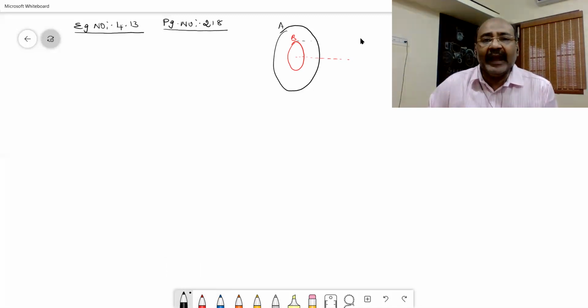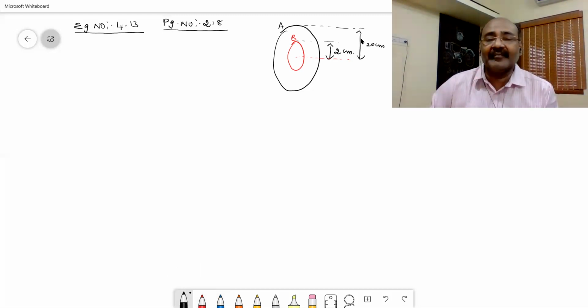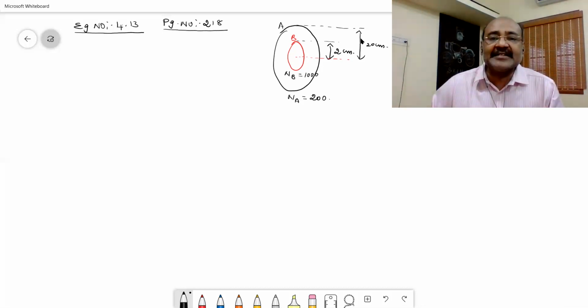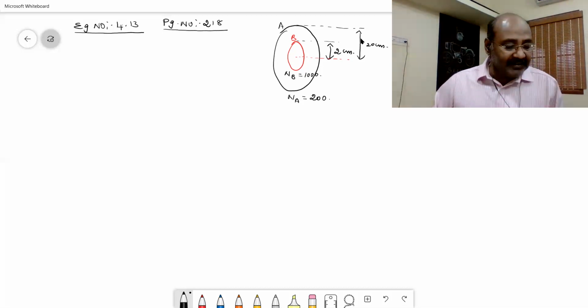The radius of coil A is 20 centimeter and coil B is 2 centimeter. The number of turns in coil A, NA, is 200, whereas the number of turns in coil B is 1000. What else is given?